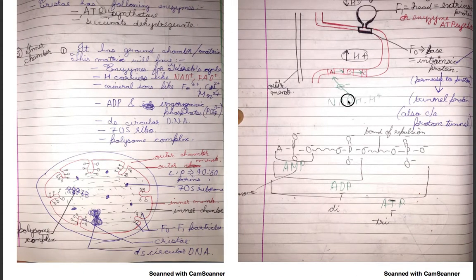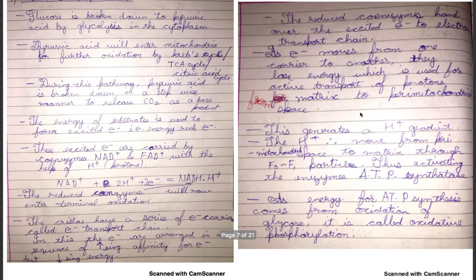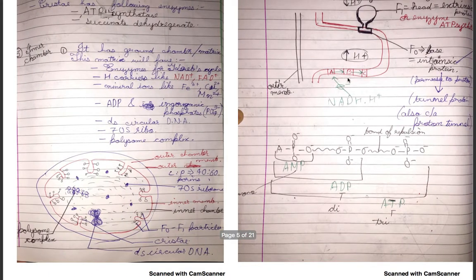If an electron comes into the cristae and enters the cristae membrane, it is shifted according to its energy. Suppose it has a lot of energy, then it would be in A, then B, then C, gradually decreasing. It is carried by NADH plus H plus, the reduced coenzyme. This lets it enter into the terminal oxidation that happens inside the cristae.